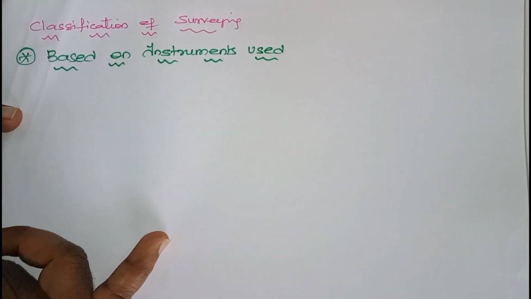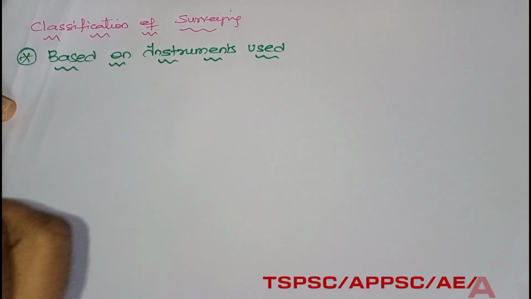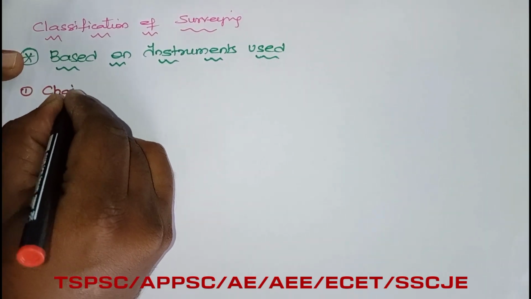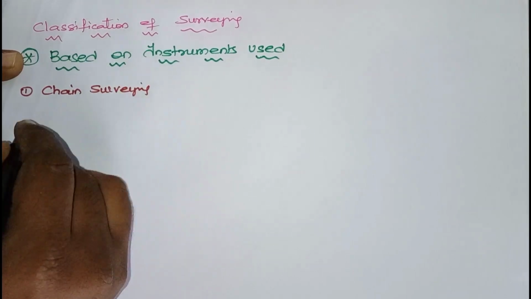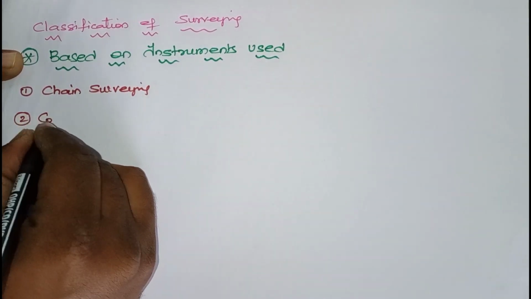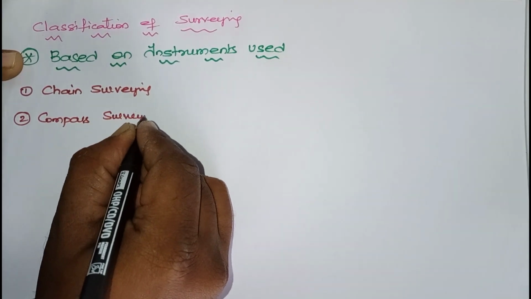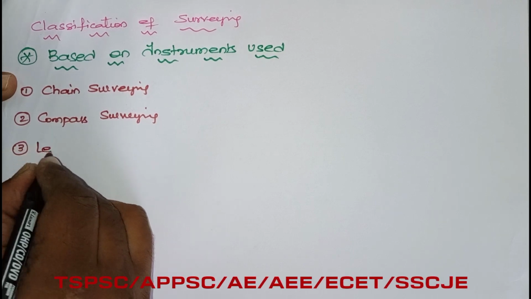Now what is the first instrument? The basic thing is, if I perform a survey by using a chain, we call that chain surveying. Next, if I use a compass, we call it compass surveying. Next, leveling.